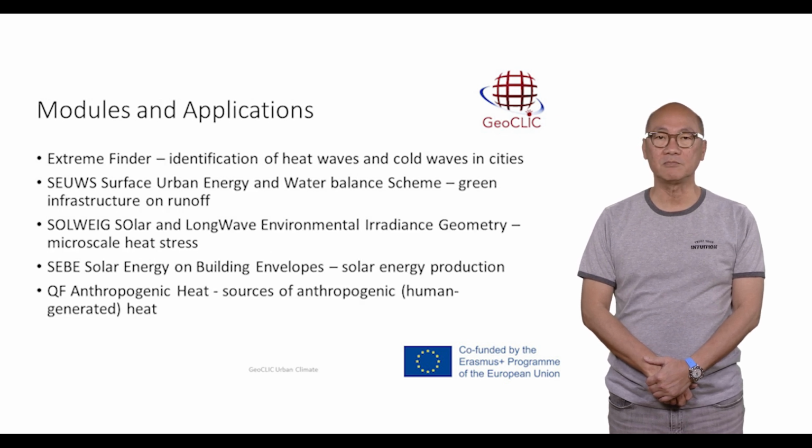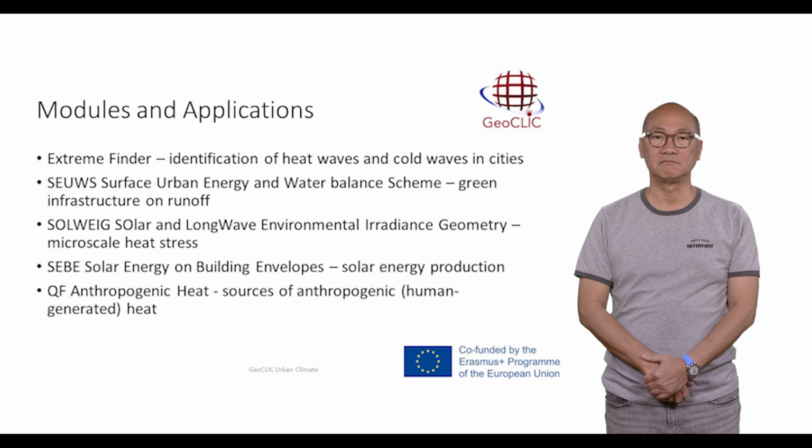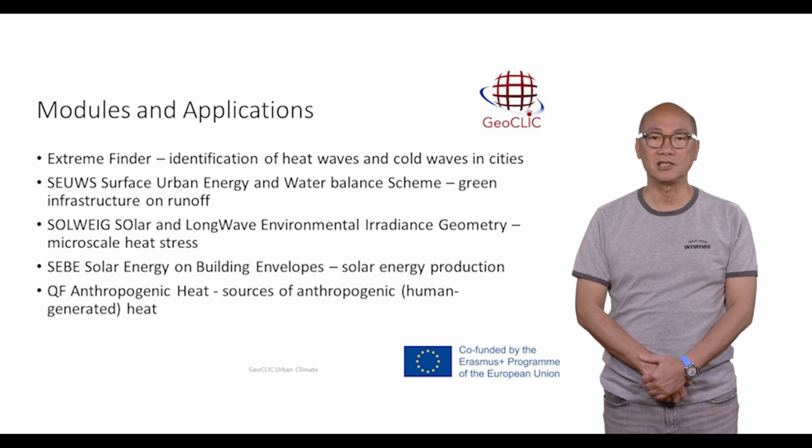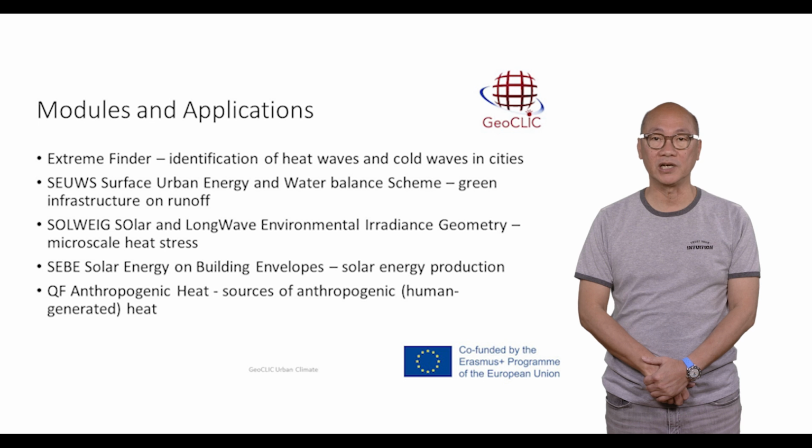There are several main modules in UMEP. The name of Extreme Finder is self-explanatory. This module is used to identify heat waves and cold waves. Surface Urban Energy and Water Balance Scheme, or SUEWS, is an urban land surface model.